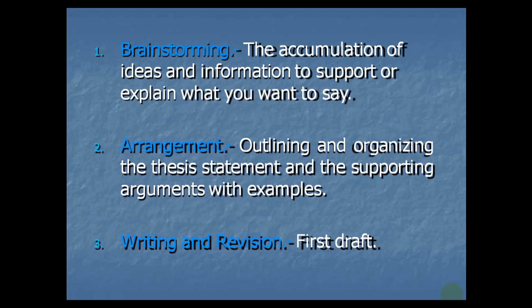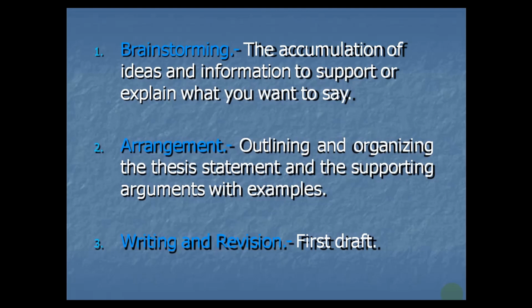So stage number 1, brainstorming, is usually the accumulation of the ideas and the information to support or explain what you want to say. So again, in this stage, you try to get as many ideas as you can about one particular topic which you are going to write about in your essay writing. And stage number 2 is called arrangement or outlining.